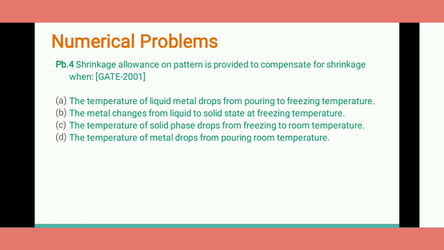Okay, so the first option, the temperature of liquid metal drops from pouring to the freezing temperature, that is basically the liquid shrinkage, which is not affiliated with this, so this is not the answer. The metal changes from liquid to solid at freezing point. Liquid to solid at freezing temperature, so that is only solidification shrinkage.